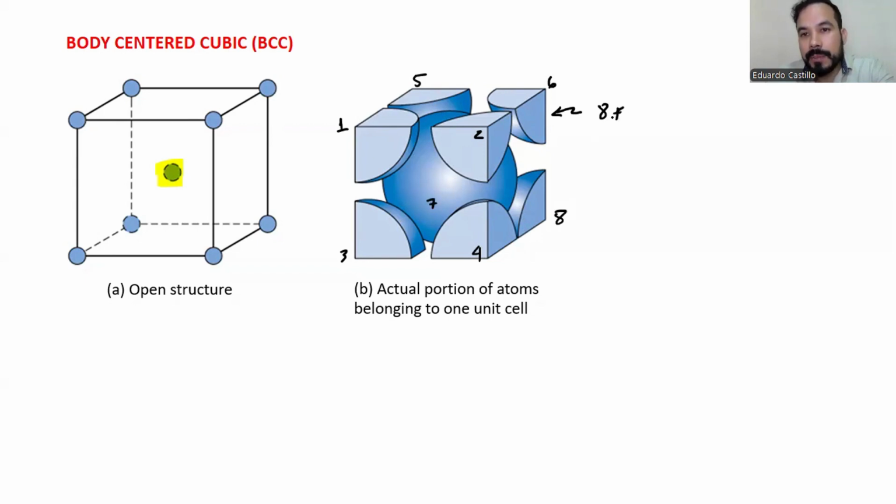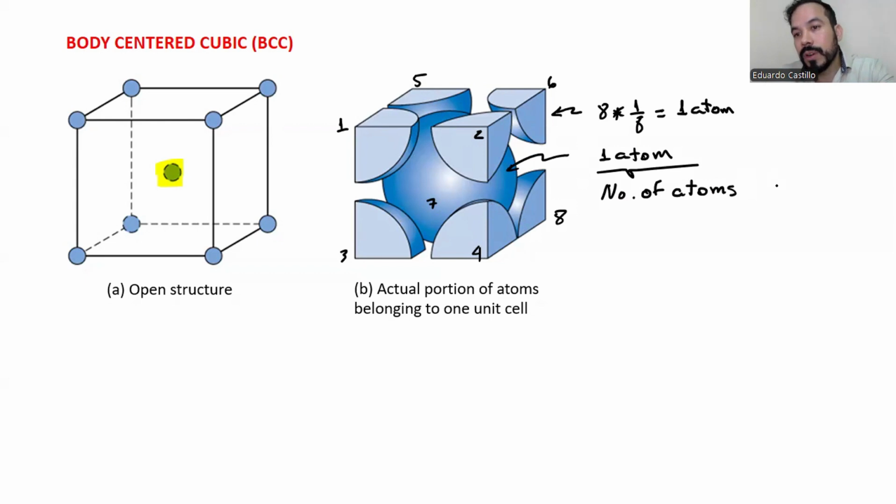So 8 times 1/8 of an atom, that is equal to 1 atom, plus one additional atom in the center. So we have a number of full atoms equal to 2.